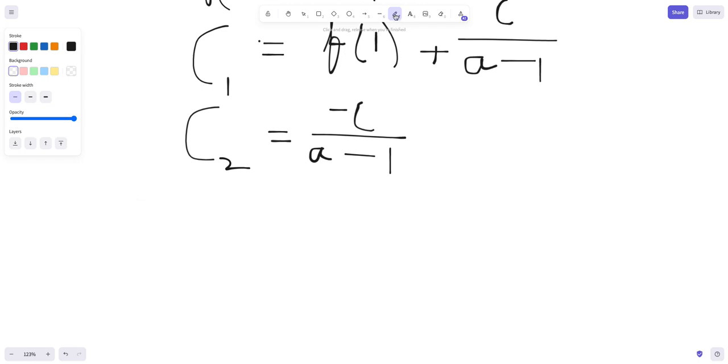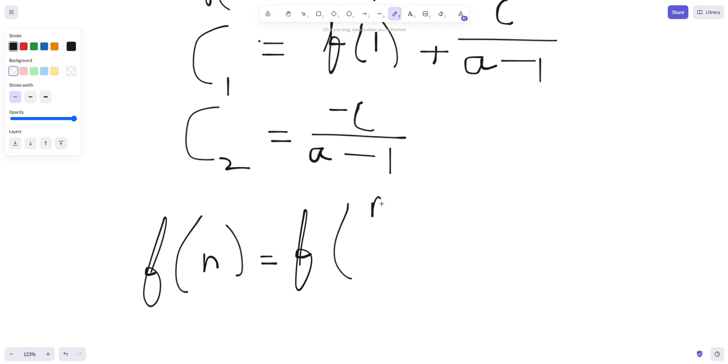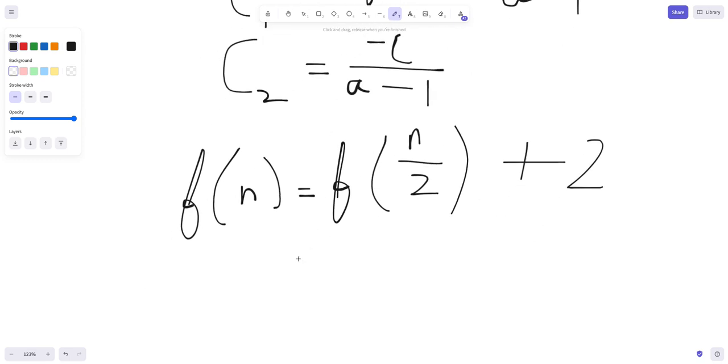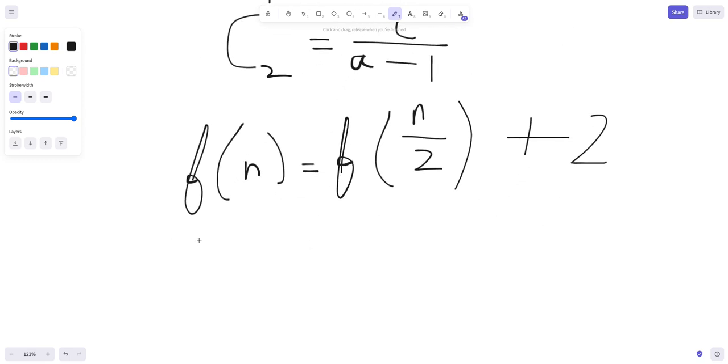As we know, for binary search, f of n is equal to f of n over 2 plus 2. So we see here that a is equal to 1, and therefore the complexity of binary search is going to be O of log n.